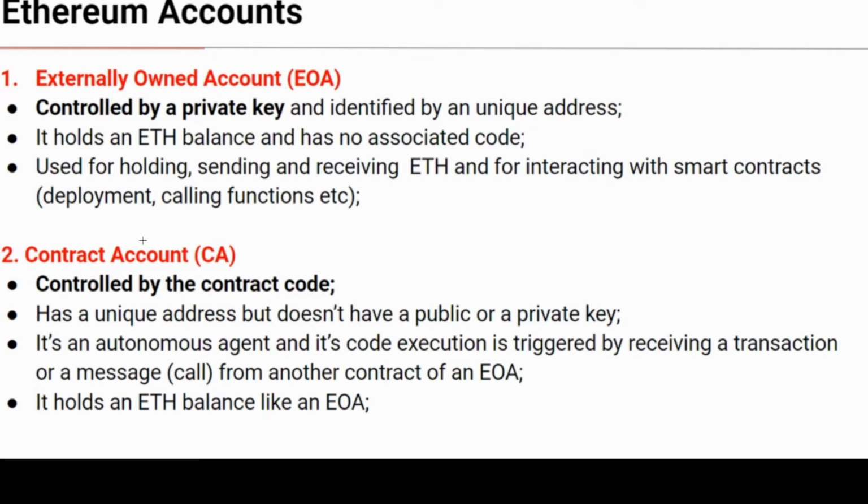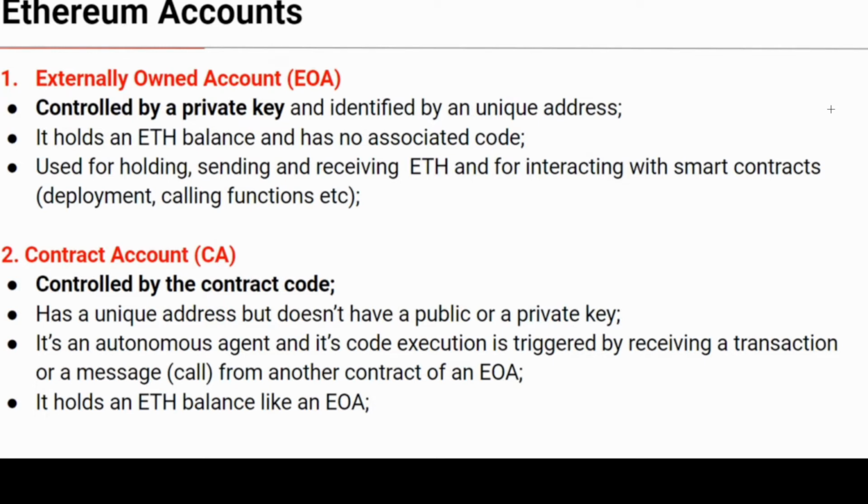Once it's on the blockchain, it's controlled by the code that you wrote in that contract. You can use the address that deployed the contract, as its owner, to interact with it, to read information from it and to send information to it.